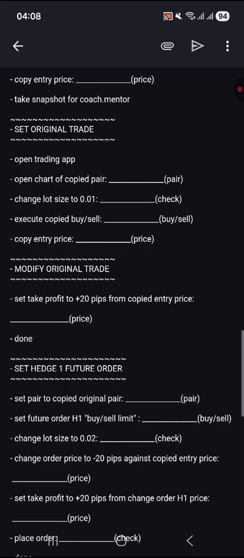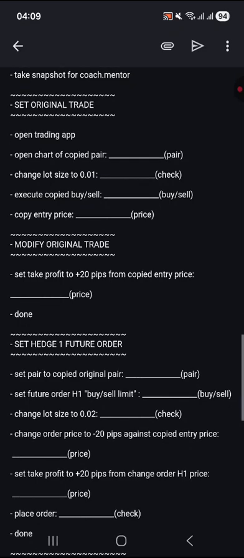And then I go into the trading app. This is setting the original trade. I open the trading app. I open the chart for the copied pair, the pair that I want to trade. I change the lot size to 0.01 or whatever the lot size is, so that you're only risking 0.5% of the total account size. It's a conservative way of trading. I execute the buy or sell order.